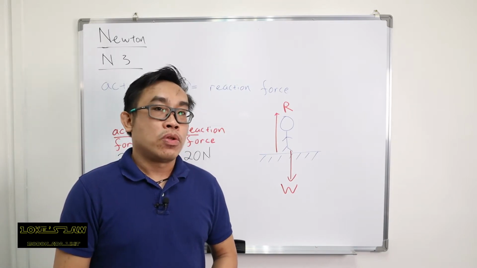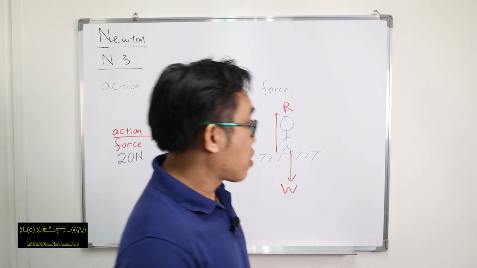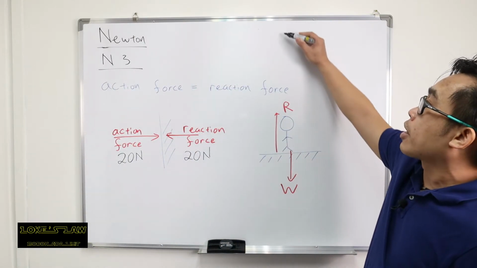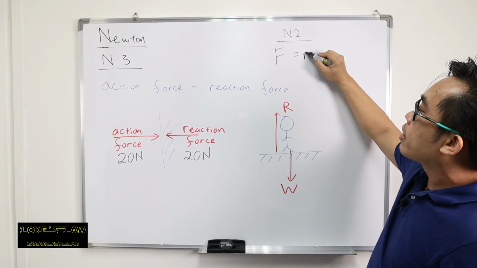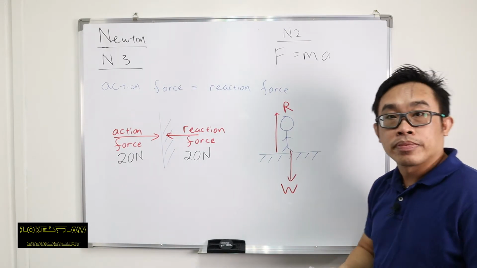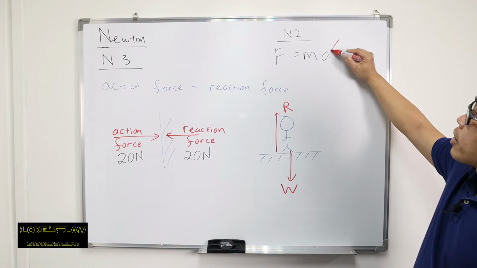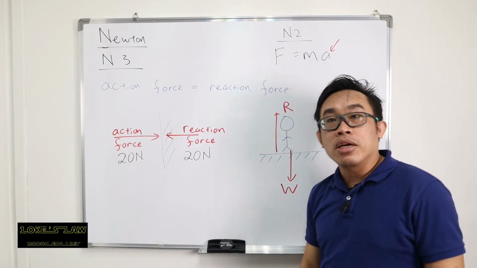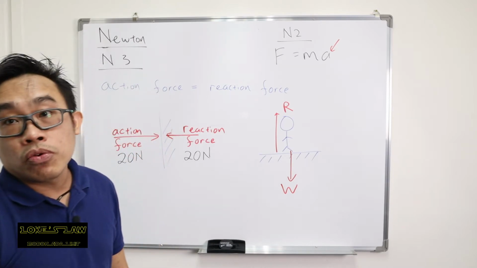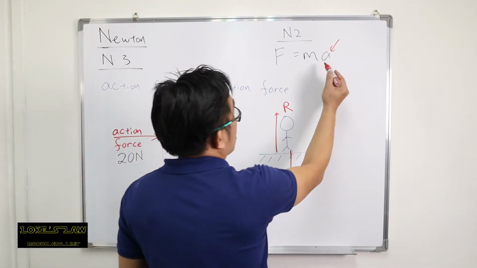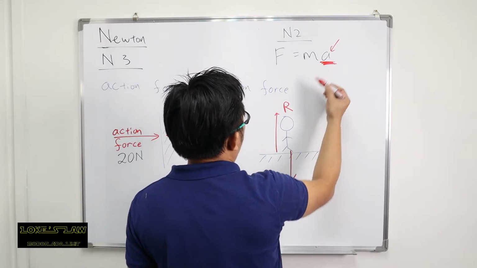What do I mean by when you move? According to Newton's second law, a force can only apply when there is an acceleration. When there is an acceleration, then you can move, and you are considered to have a force. So acceleration means you must move.